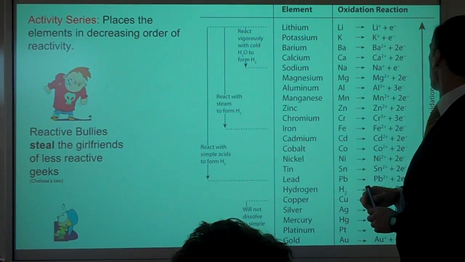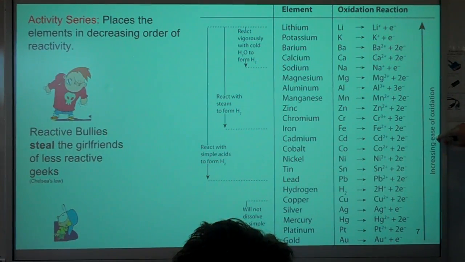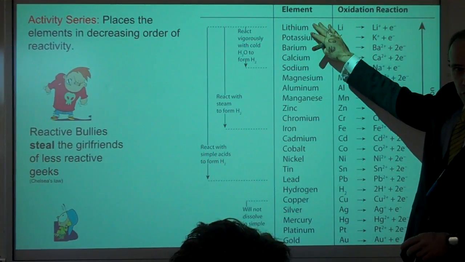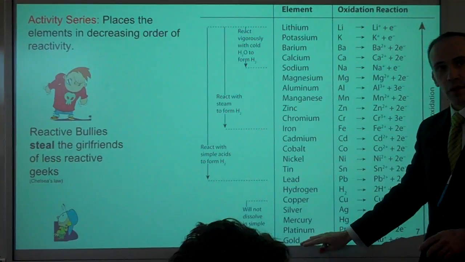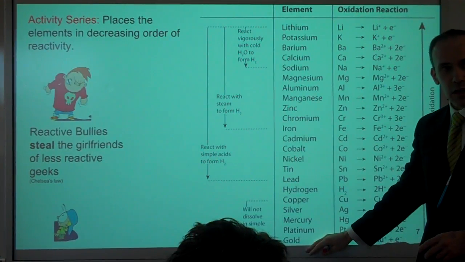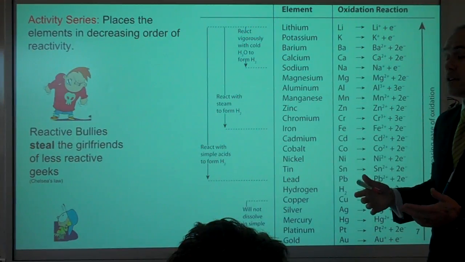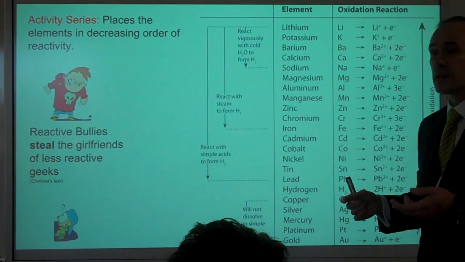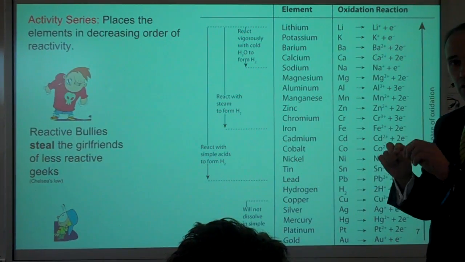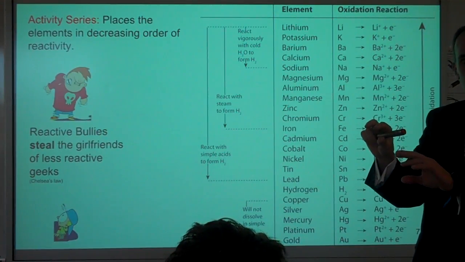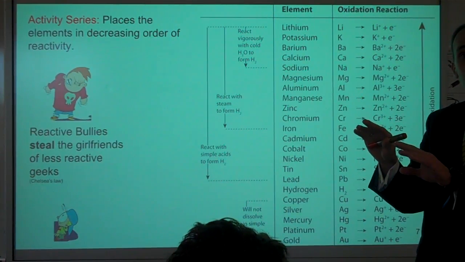So on this one, increasing ease of oxidation, what does all of this mean? Up the top, most reactive, down the bottom, least reactive. And you'll get something like that on both the test and the exam. You might be given a few equations and you'll need to identify the two metals. Where are they found in the chemical equation?